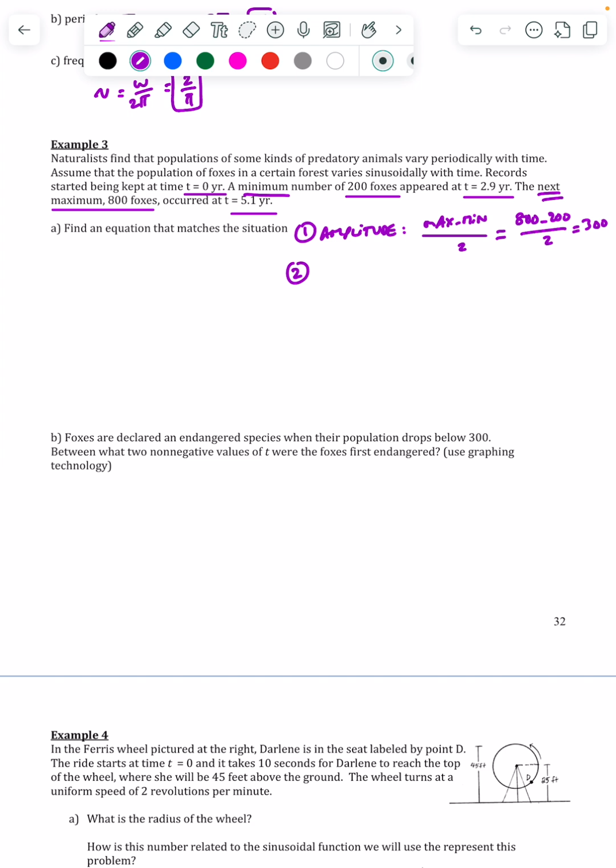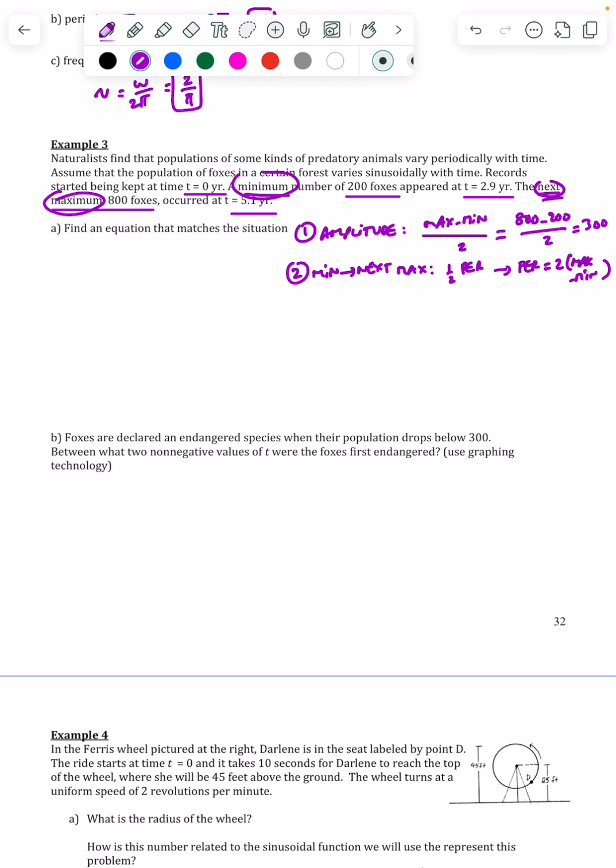Second, the second piece of information: we went from a minimum into the next max, right? So this is from the minimum to the next max. That means we went half a period, which is also to say that the period is twice max minus min.